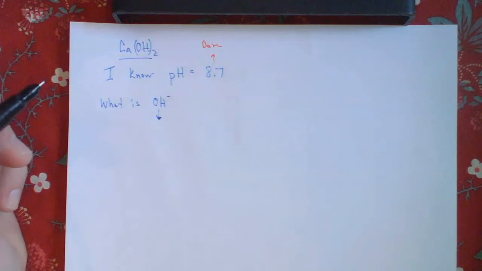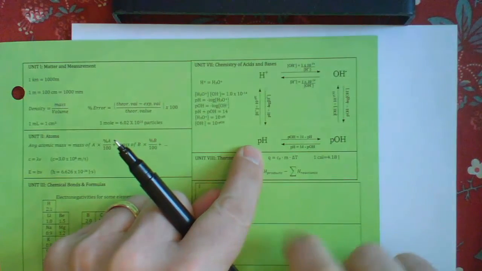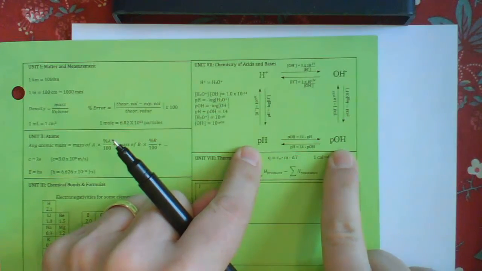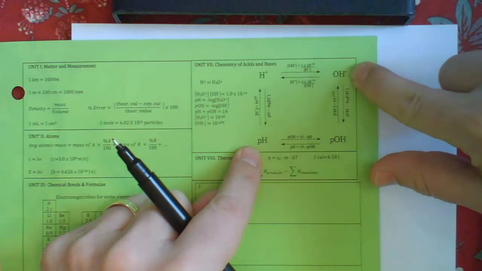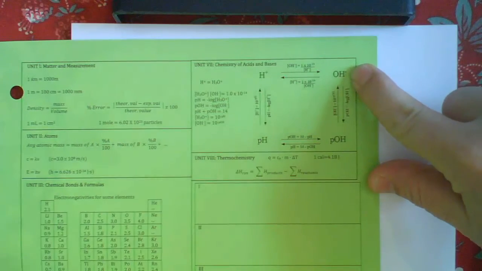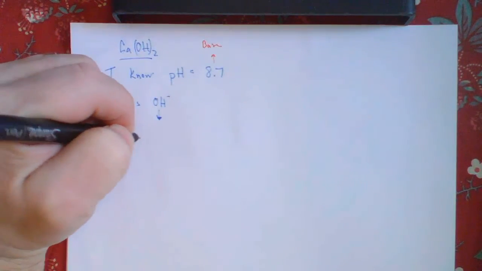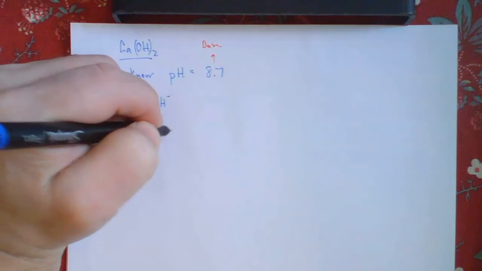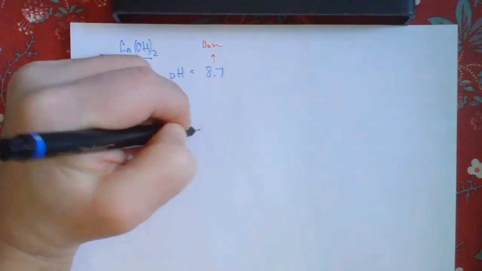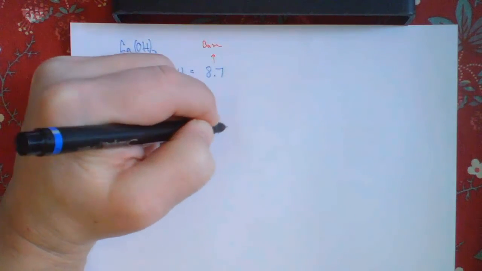Now, what we're going to do here is we're going to take that path where if I know the pH, okay, I'm going to go ahead and figure out what my pOH is, and then I'm going to go back here to figure out the concentration of my hydroxide. So, first of all, I know that pOH is equal to 14 minus the pH.